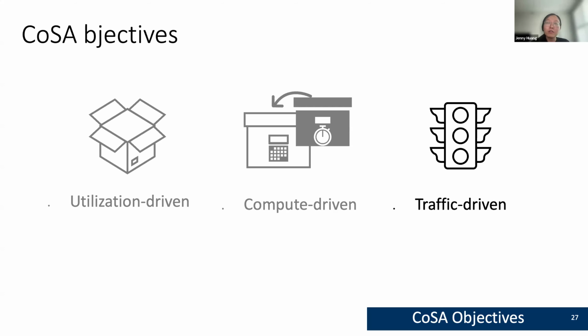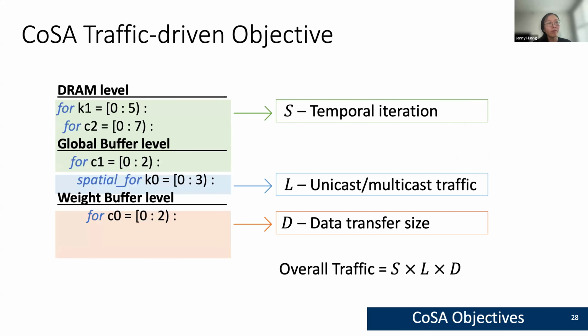If you think about how loop traffic is defined, first we need to consider the tile size. For each tensor, starting from the innermost buffer level, we first define the tile size for each traffic. Whatever tile within my current buffer level is relevant to a tensor, I will use it for the calculation of the traffic size.